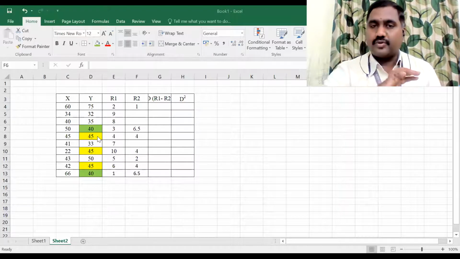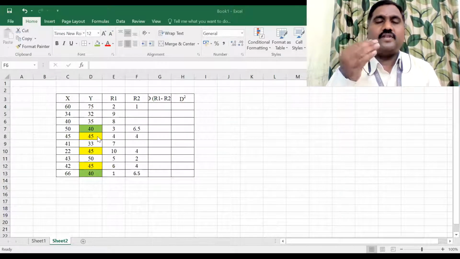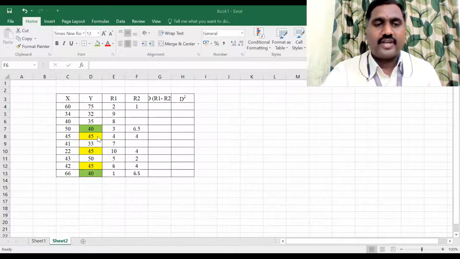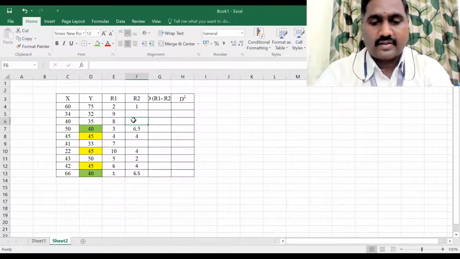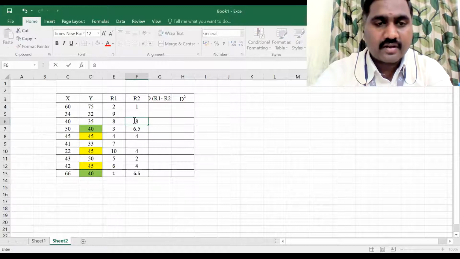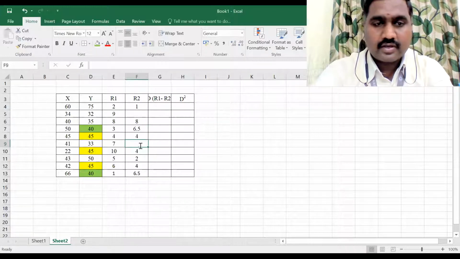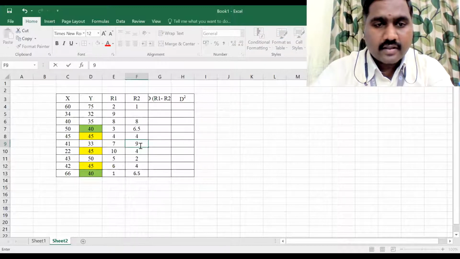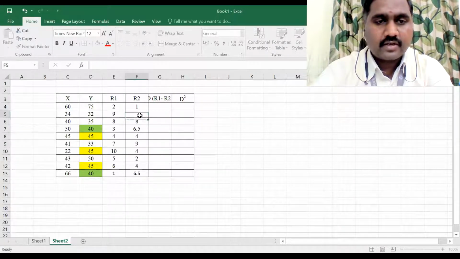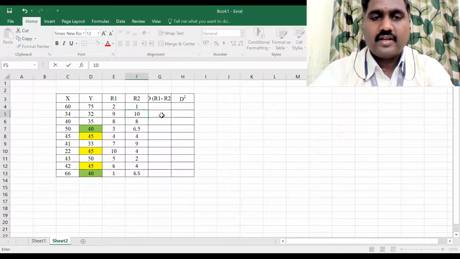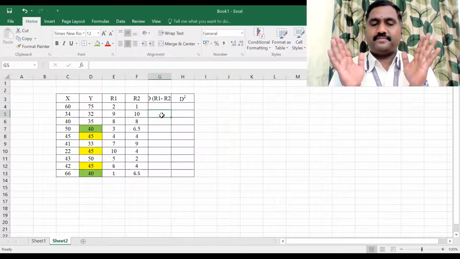Now the sixth and seventh positions are gone, so the next position is the eighth. The eighth position is given to 35, the ninth position to 33, and the 10th position to 32. Is it clear?